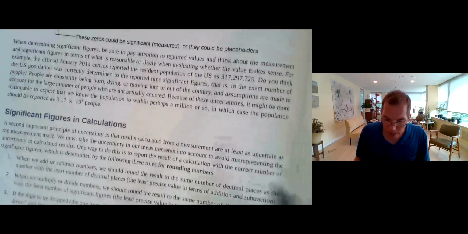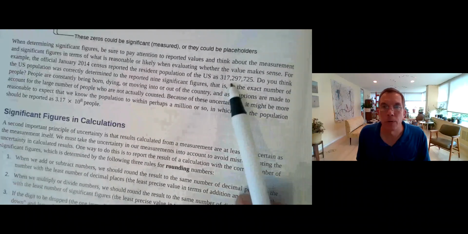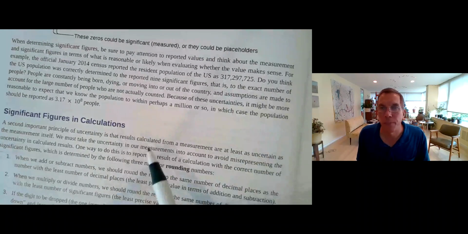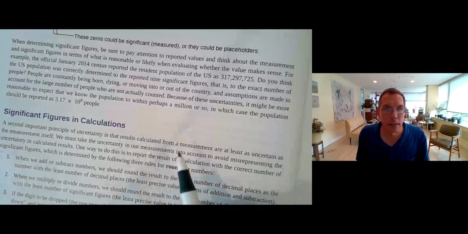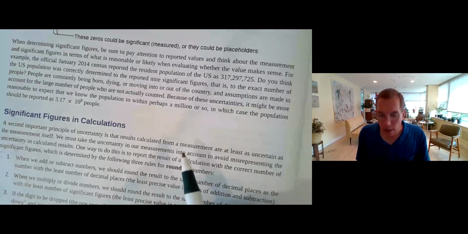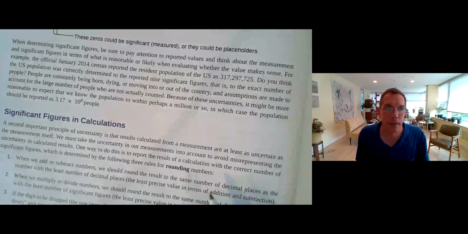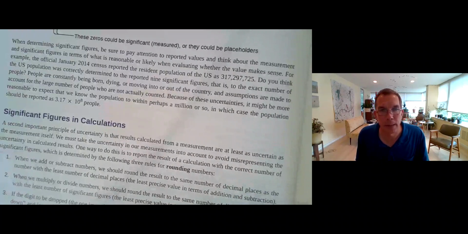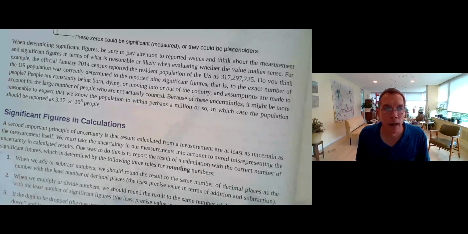And then notice they go on to say, look, the US Census said that there were 317,297,725 people. And they ask you, realistically, do you believe that number to be true to 9 sig figs? And hopefully you say no, because there's no way we can possibly know at any given moment in time how many people are alive in the United States.